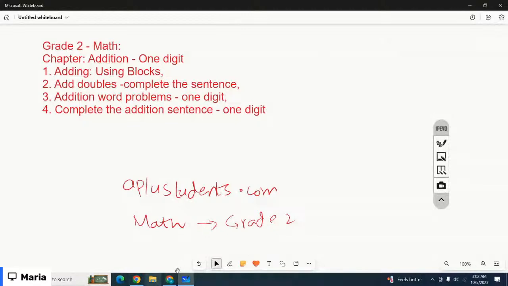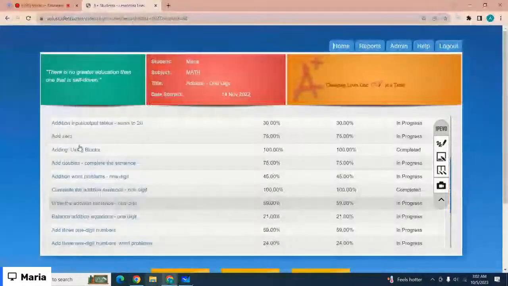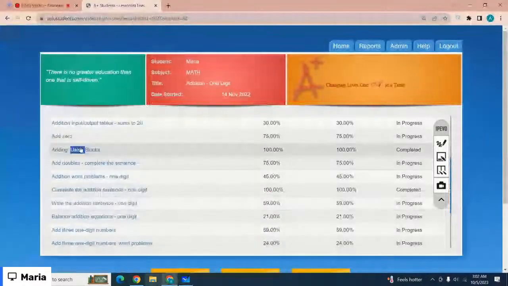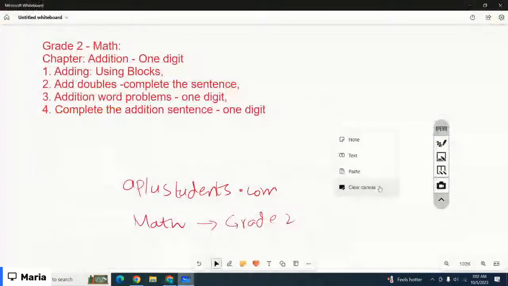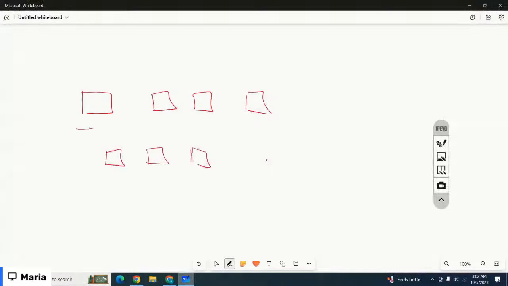Let's see what type of blocks you are going to use to add them. The basic thing is you have to add, right? For example, you are given the blocks, and you have to add. So how do you add?